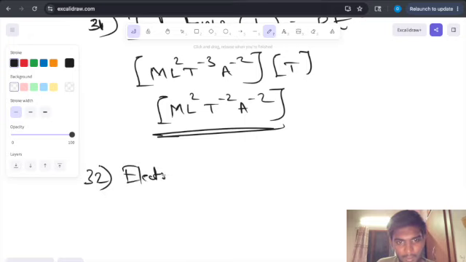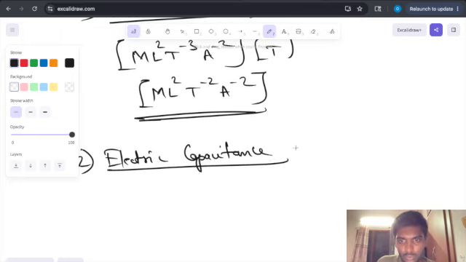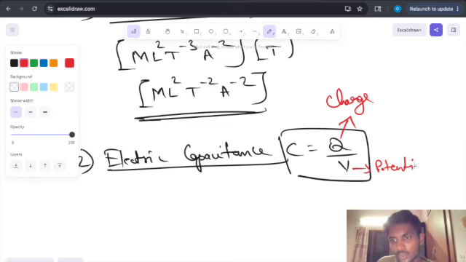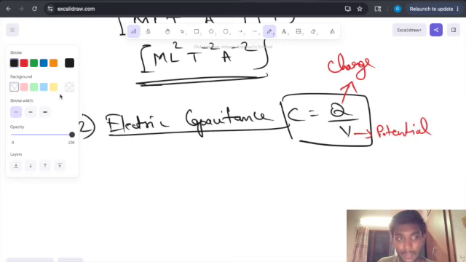Electric capacitance. So C equals Q by V, where C is the capacitance, Q is charge, and V is potential. You know both charge and potential's dimension.